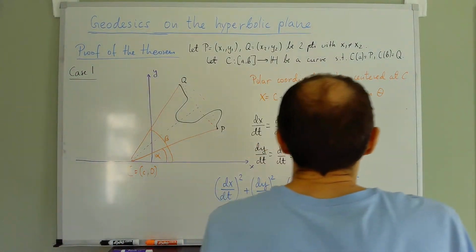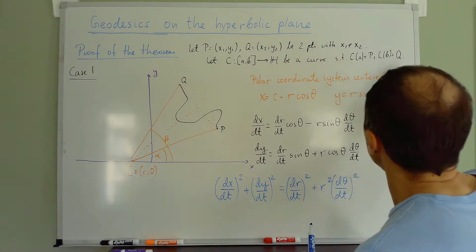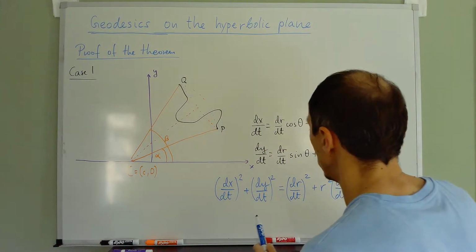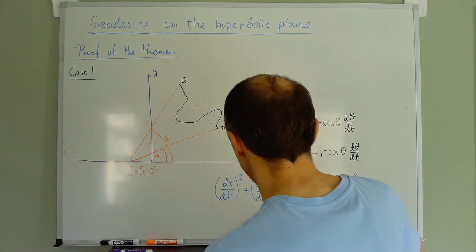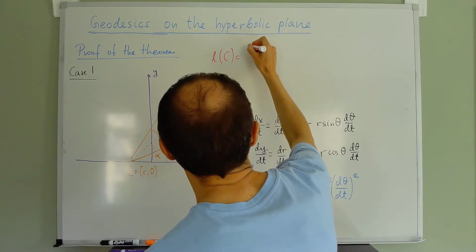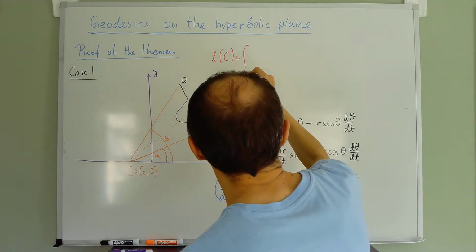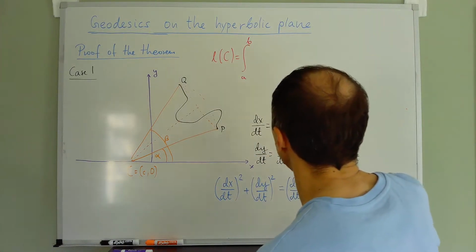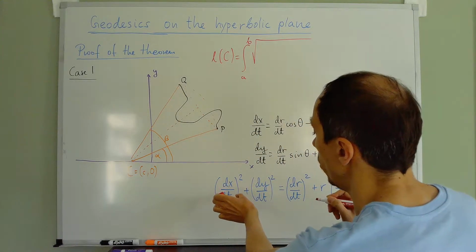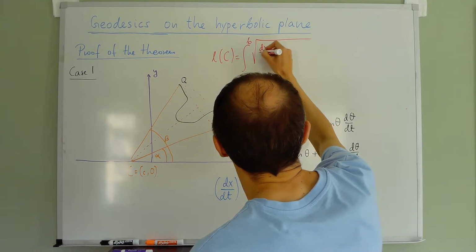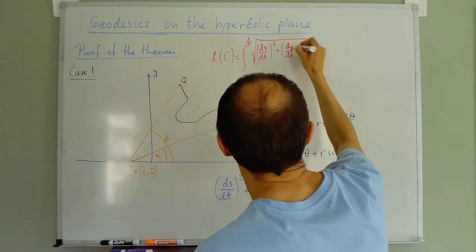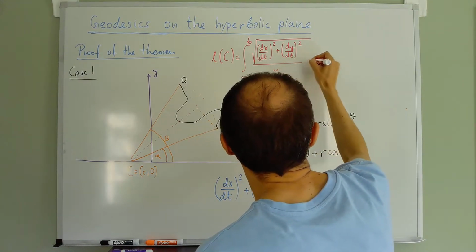Okay, so how do I then get the distance? Sorry, the length of this curve C. So I get that the length of C is the integral from a to b, these were the endpoints of my interval, of the square root of (dx over dt) squared plus (dy over dt) squared, divided by y, dt.